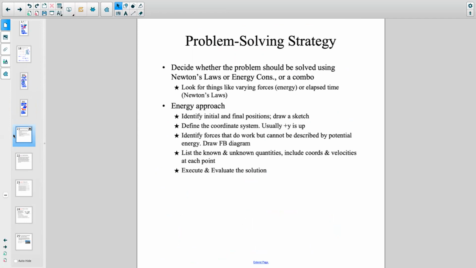For the energy approach, identify initial and final position, draw a sketch, a very simple picture, define a coordinate system, usually plus y is up, negative y is down, and identify forces that do work but cannot be described by potential energy, and draw a free body diagram for that. List the known and unknown quantities, everything that the problem is giving you: coordinates, velocities, height, time, whatever has been given. And then try to execute the energy approach and then evaluate your solution using the other methods that you have.